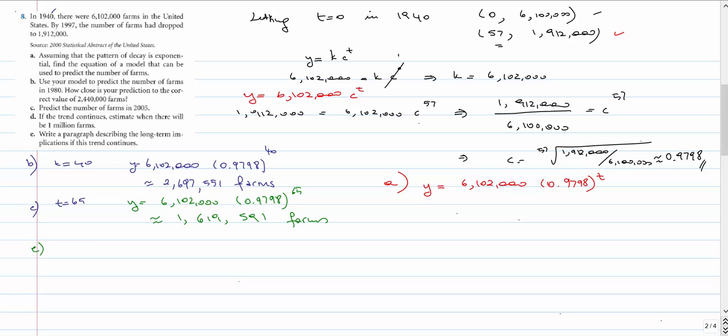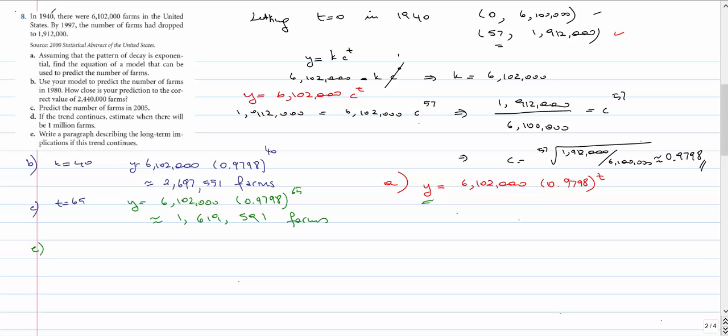If the trend continues, estimate when there will be 1 million farms. And so y is given, the output.